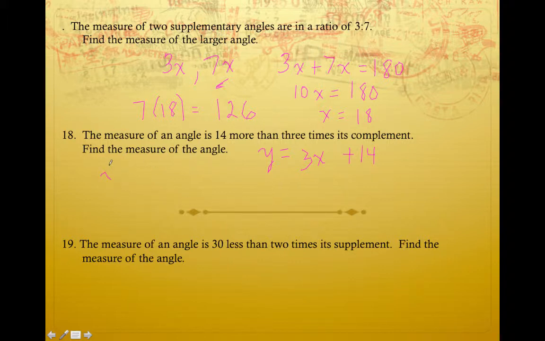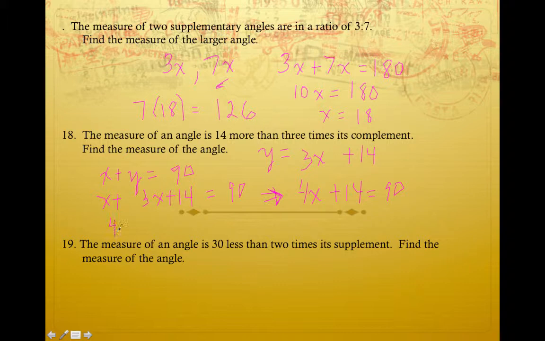So x plus y equals 90, complementary, like your corner, and now we can substitute: x plus 3x plus 14 is 90. So 4x plus 14 is 90.